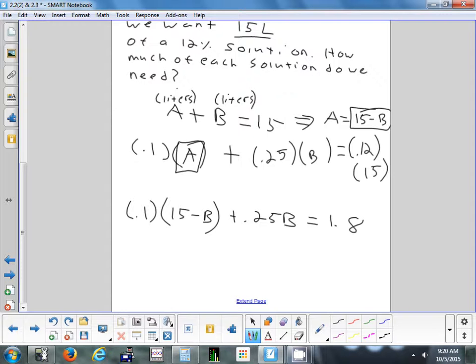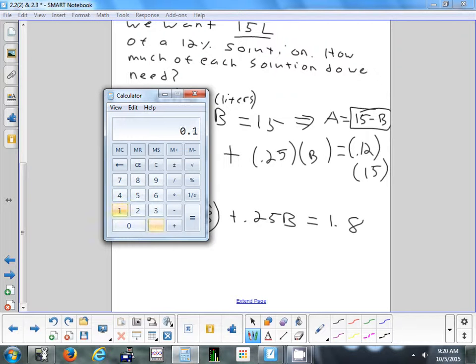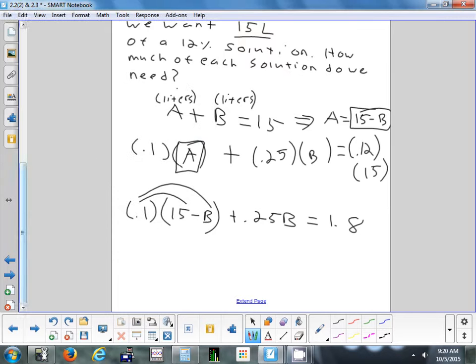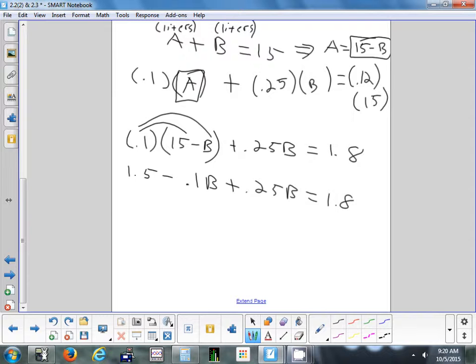Okay, we did an equation like this earlier that had two distributives. This one just has one. So 0.1 times 15 gives me 1.5 minus 0.1b plus 0.25b equals 1.8. Okay, Cameron, what do I do next on the left-hand side?